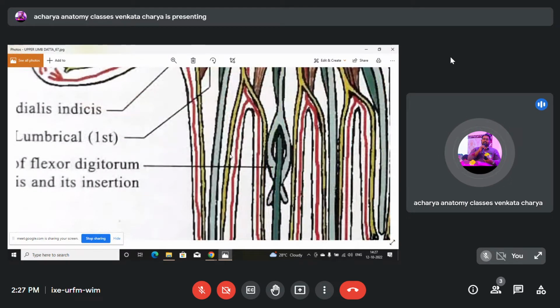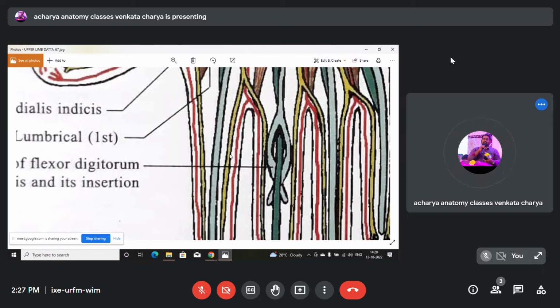Fourth proper distal artery supplies the medial side of the index finger.